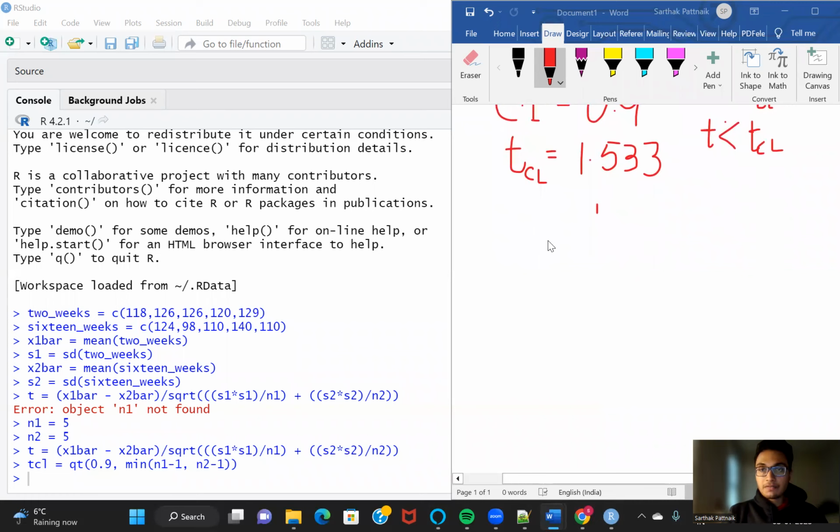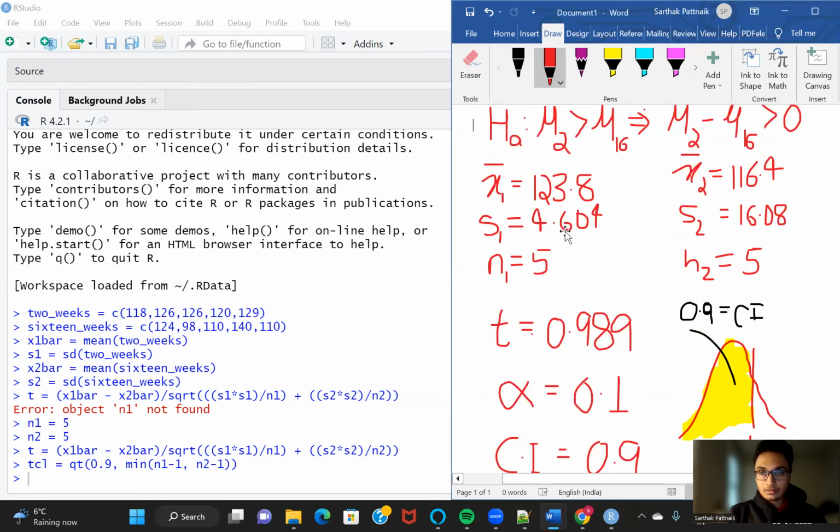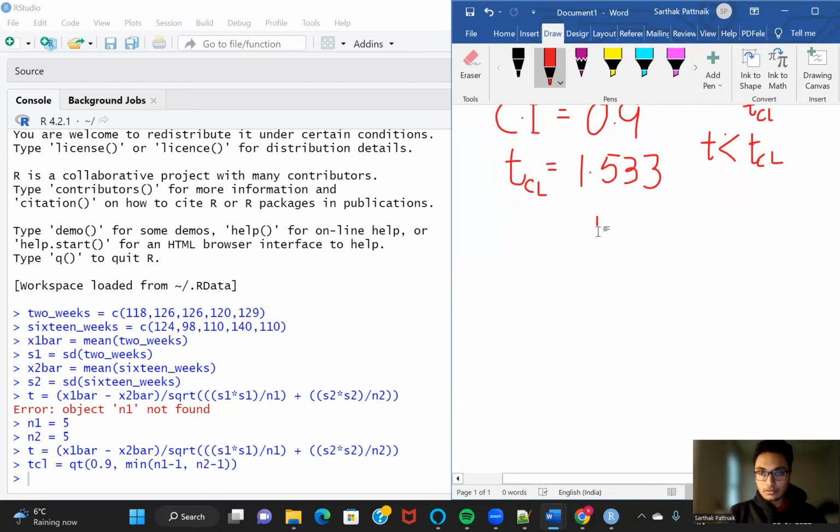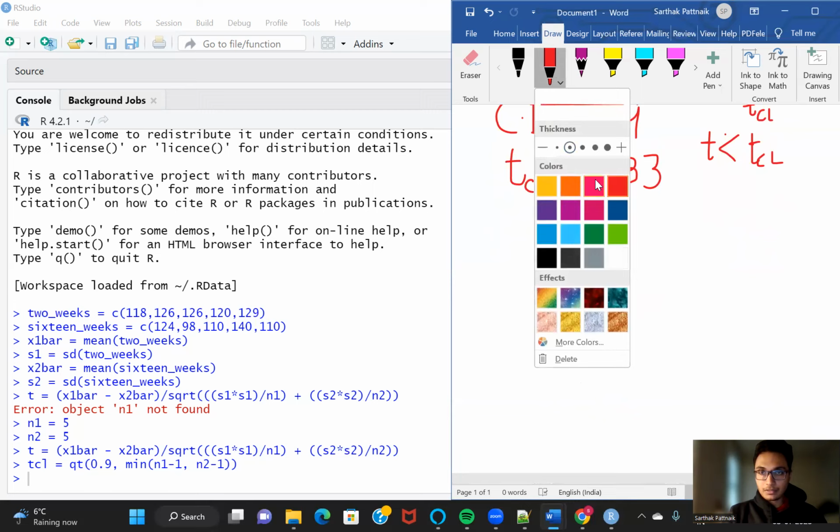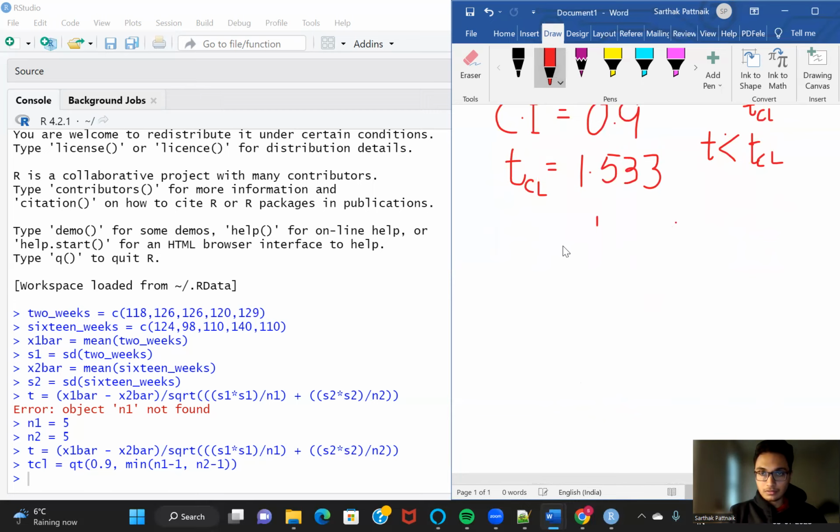So previously, we have studied that the confidence interval is given by estimate plus and minus margin of error.